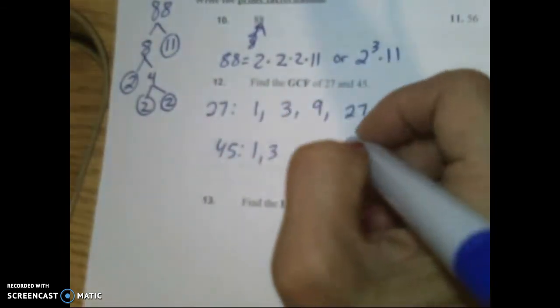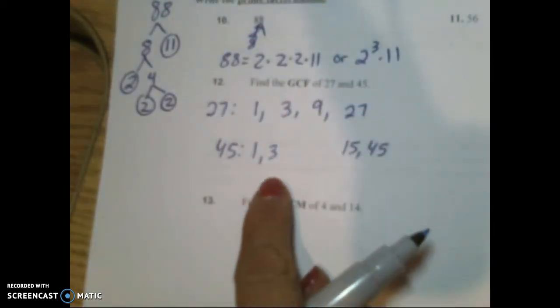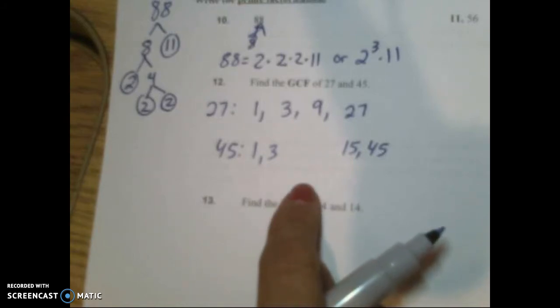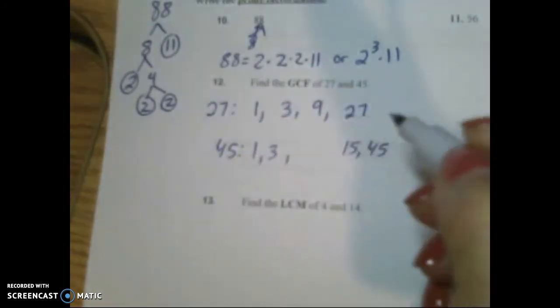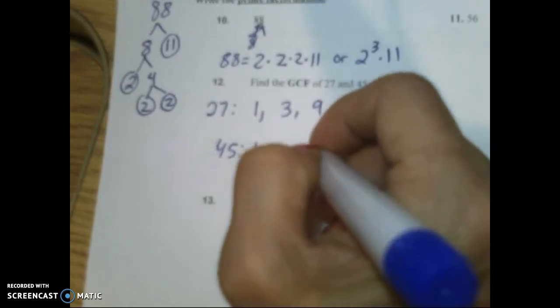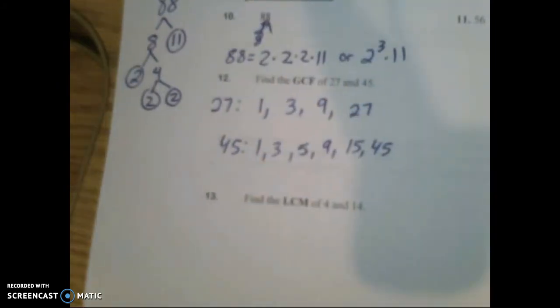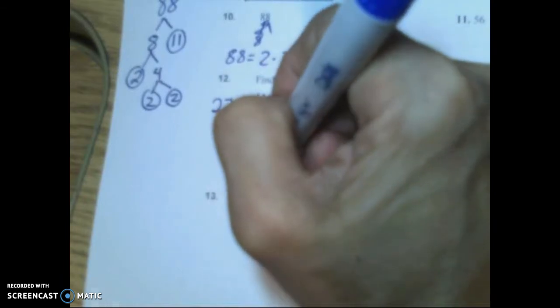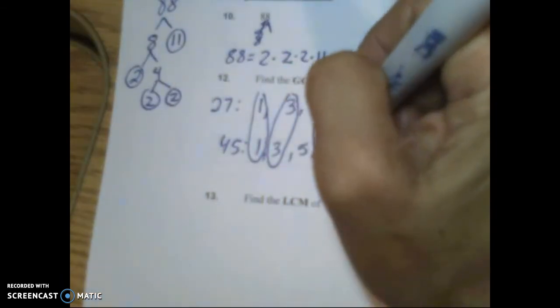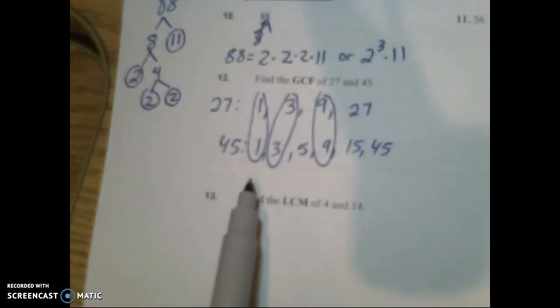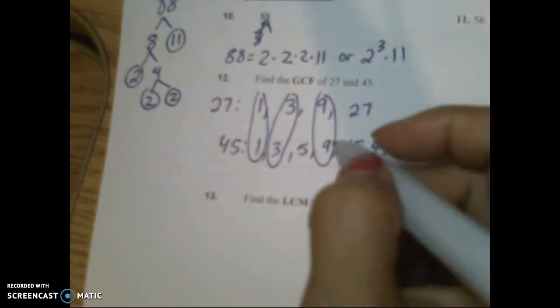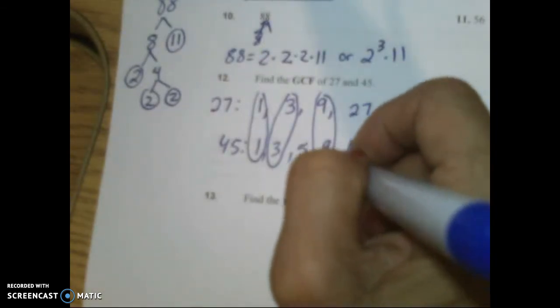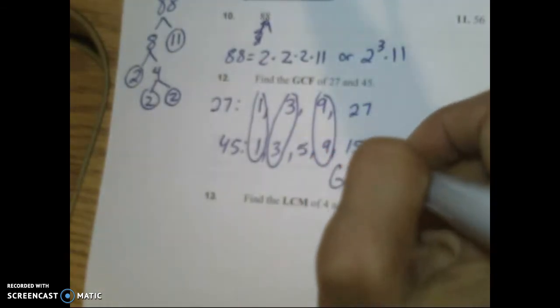I can do 3 and 15. This would be a good idea to look at the factor chart I gave you today with all the factors up to 100. 4 doesn't work. 5 times 9. Looking at these numbers, I'm going to look at which ones are in common. I have 1 and 3, and I have 9. 1, 3, and 9. My greatest common factor, meaning my largest number, my GCF equals 9.